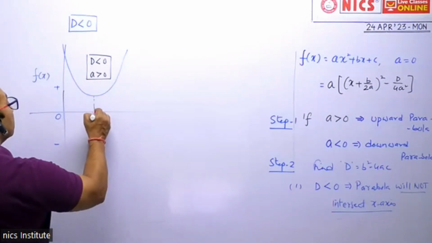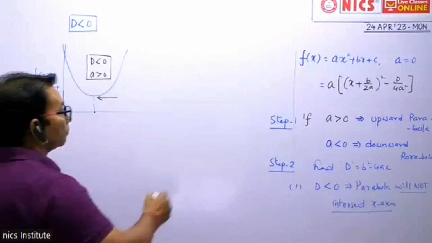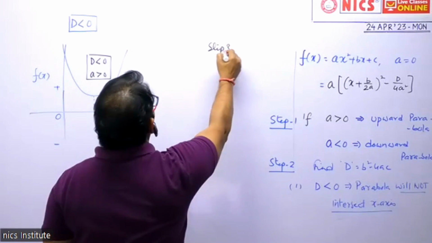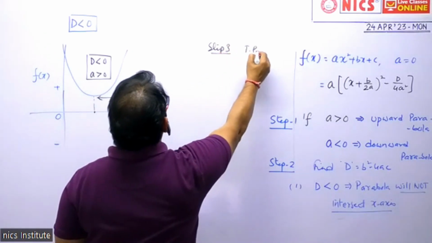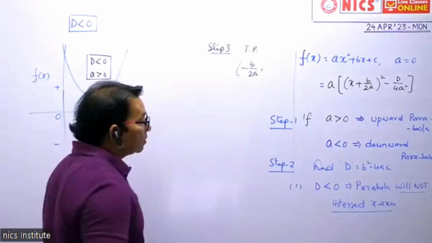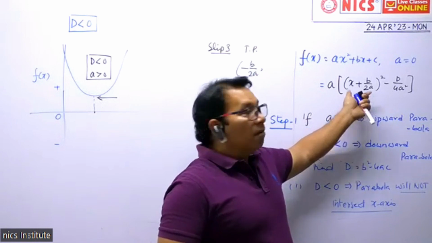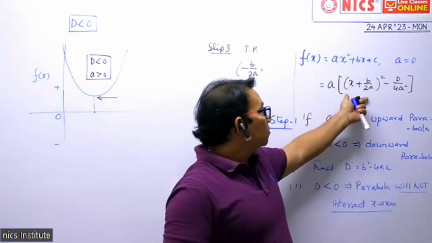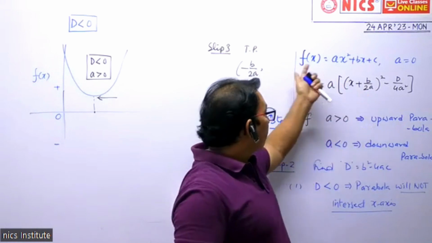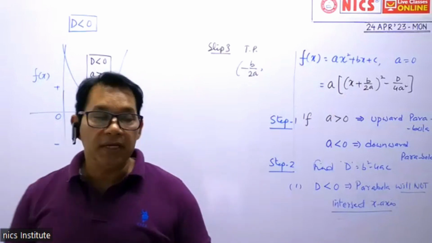Also, this point is called the turning point, TP. The turning point is always at x equals minus b by 2a. Why is it minus b by 2a? Because if you look at this expression, this is a perfect square. The minimum value of a perfect square is always 0. So when this is minimum, the value of the polynomial will also be minimum at that particular point.